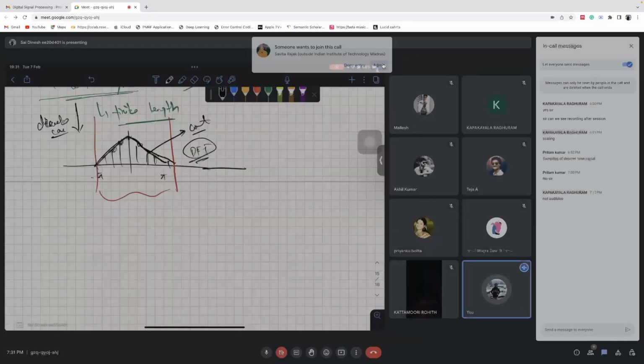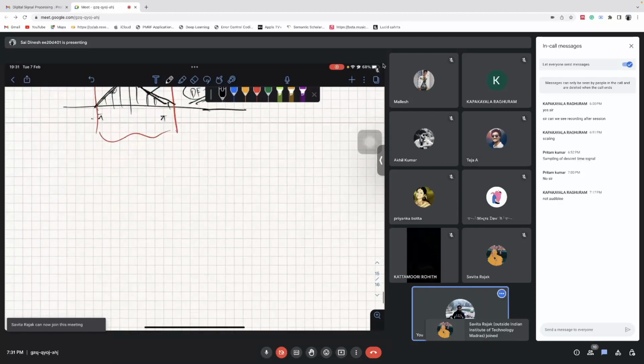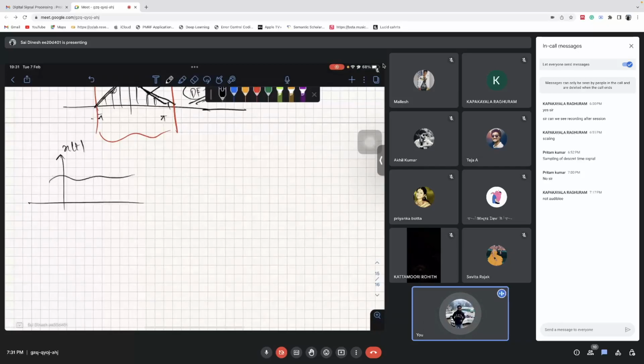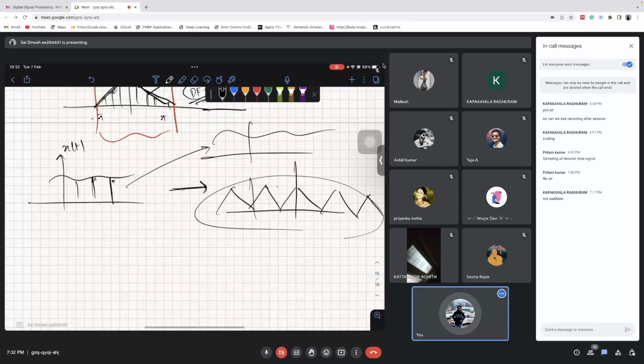So let's take a detour and see the beauty of this. What have you seen here? We have a continuous time signal. We sample this in the frequency domain and it becomes periodic. Earlier the continuous time case had all frequencies, but if you sample this, you get a periodic one.